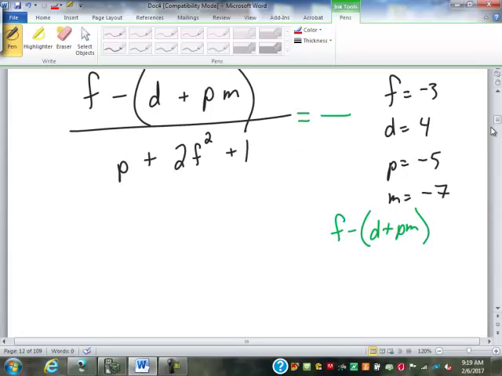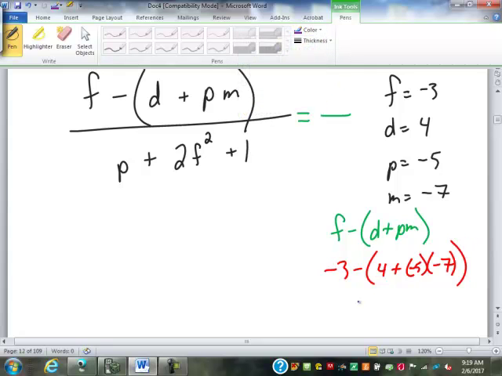So let's do the top piece of this first. F minus D plus PM. So what goes in for F? Negative 3. D, 4 plus negative 5 times negative 7.